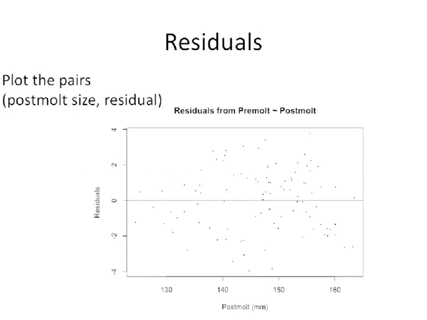Okay, so this is a plot of the residuals. I'm now plotting a new pair, post-molt size and the residual for every single point. You can see that basically this is what you want to see, which is no patterns whatsoever, just a blur of points going across post-molt size.